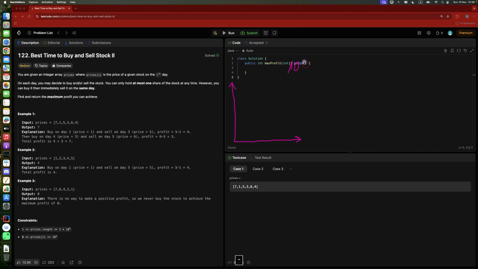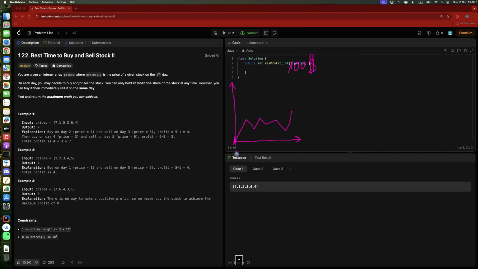We have $100, and imagine we know the future here, and the chart is defined like this. Imagine you know this future. What will we do to optimize the total profit? You buy here.